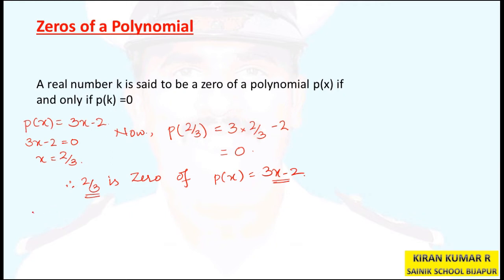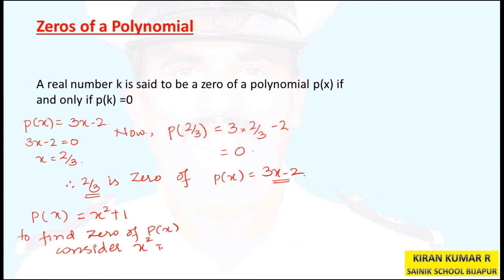Let me take another example. P of x is equal to x square plus 1. To find 0 of p of x, consider x square plus 1 equal to 0. So x square will be minus 1.